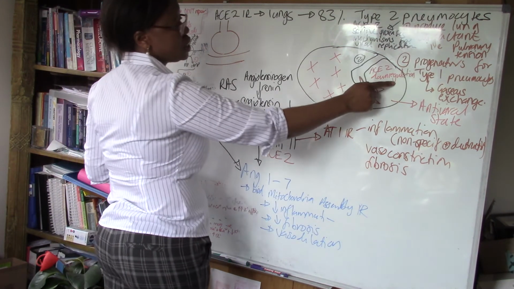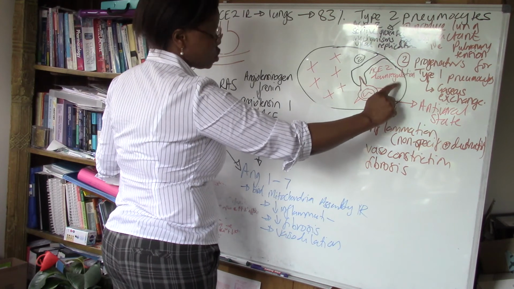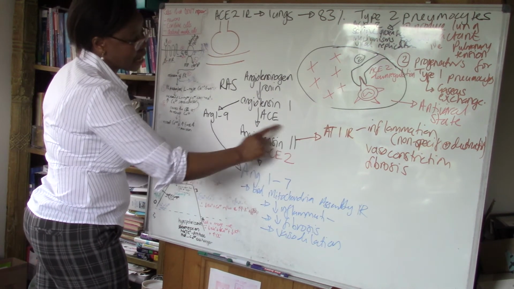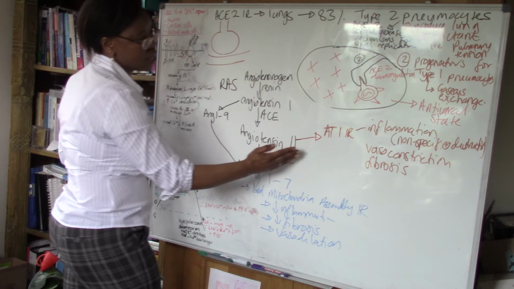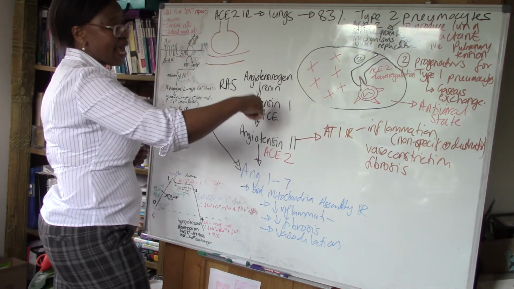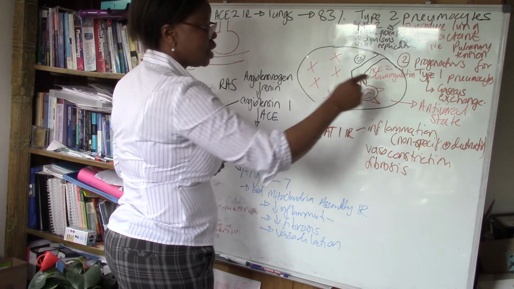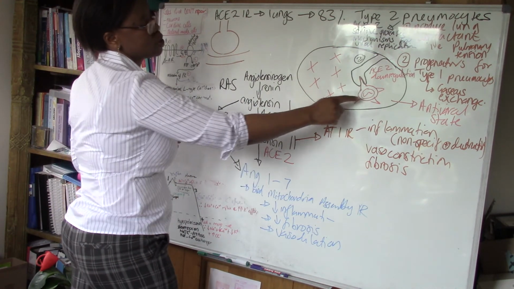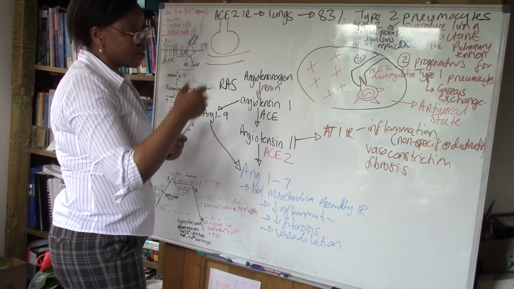However, if you continuously downregulate ACE2, then angiotensin is left free to cause a lot of inflammation. And as the virus is also downregulating ACE2, it then uses the human body machinery.